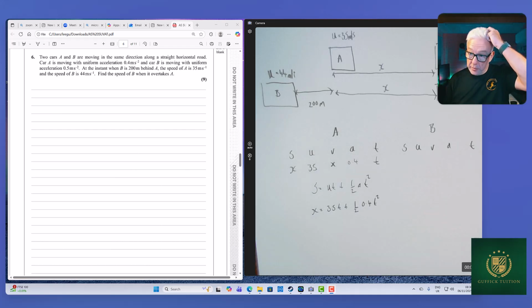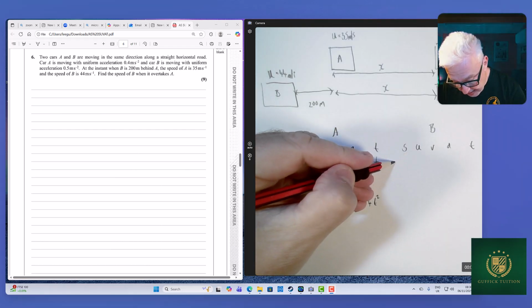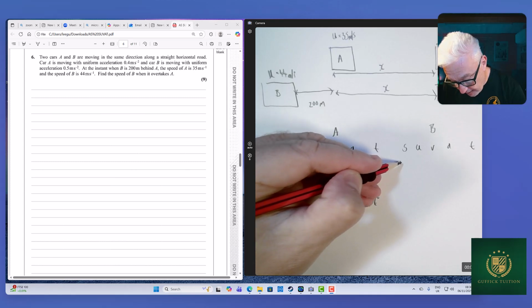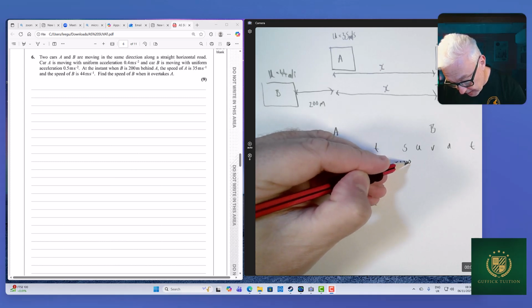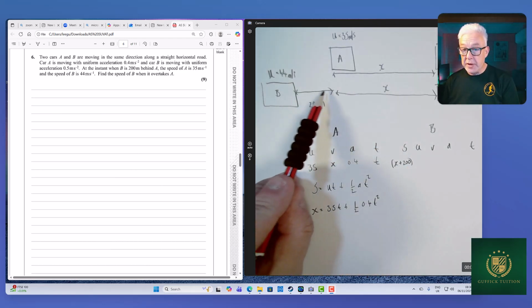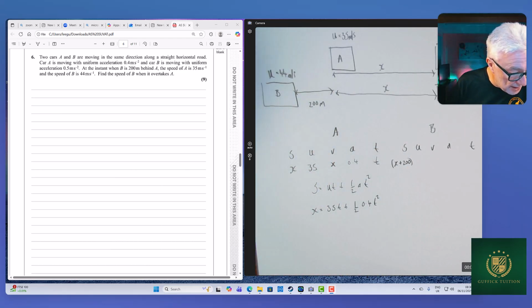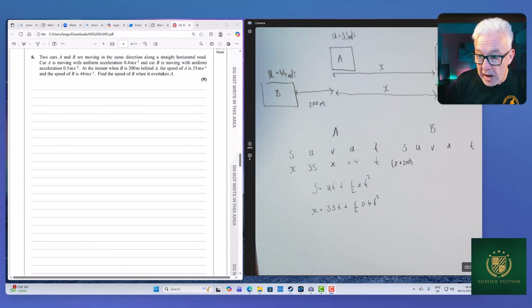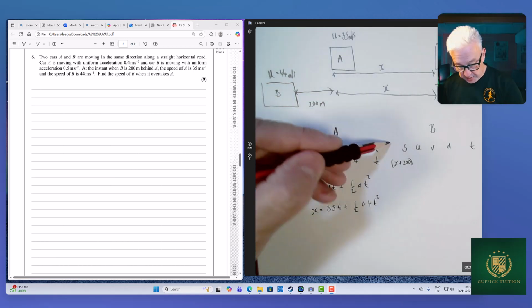So at the moment when car B overtakes car A, the distance that it's travelled is X plus 200. Because it's gone the same distance that A has gone, but it had an additional 200 meters that it had to catch up as well. And that, I think, is the trickiest bit of this whole question.